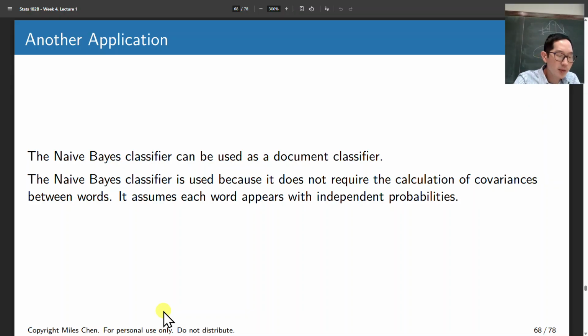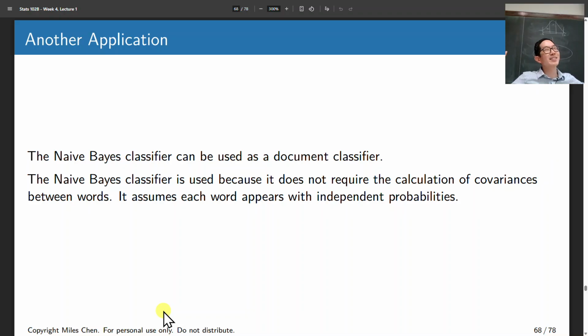Okay, and so the way we're going to do this is we're going to take each word that we see, and we'll have a count of how many times a particular word appears in the document. Basically you have as many X variables as there are words in the dictionary.